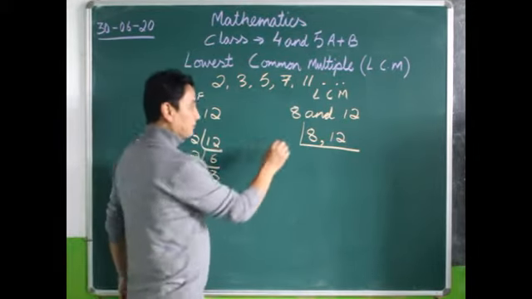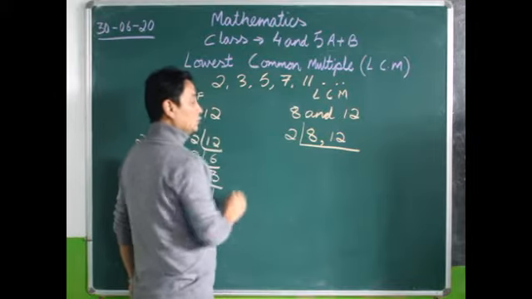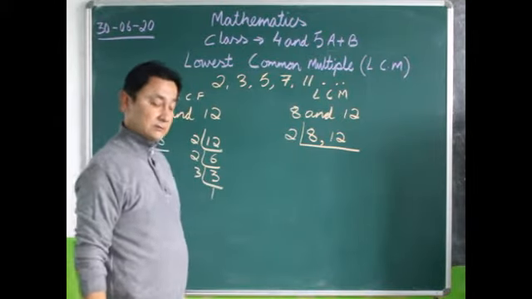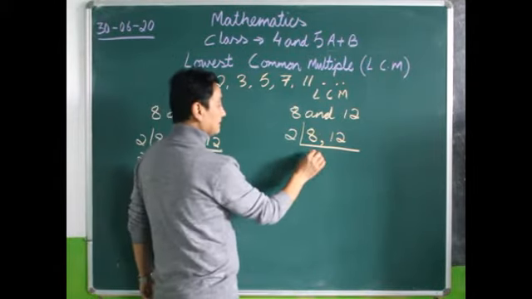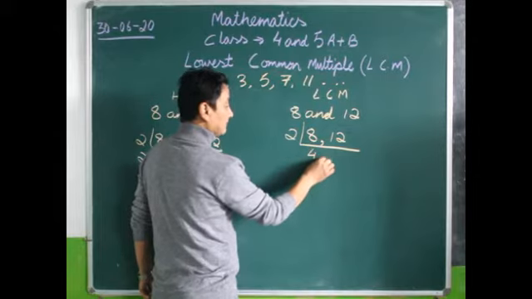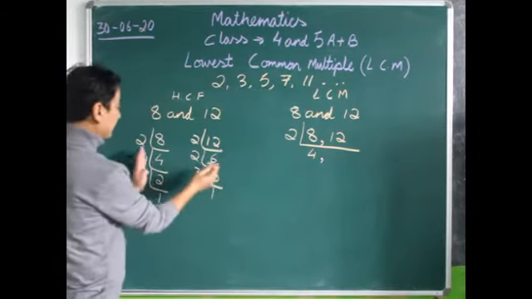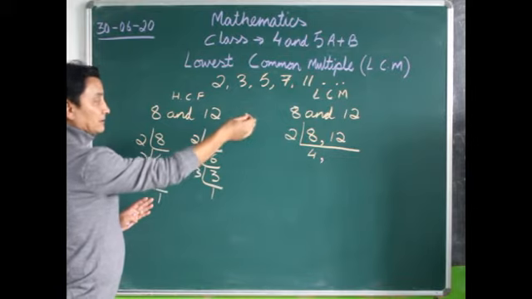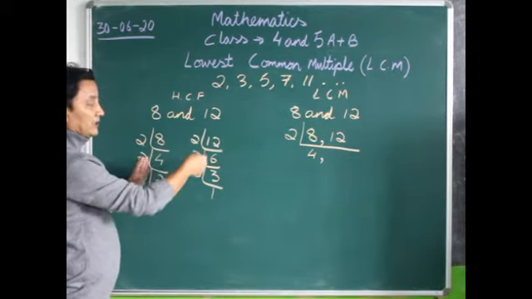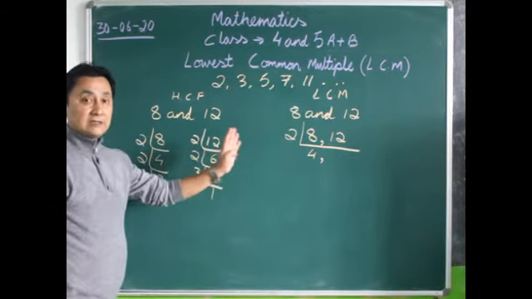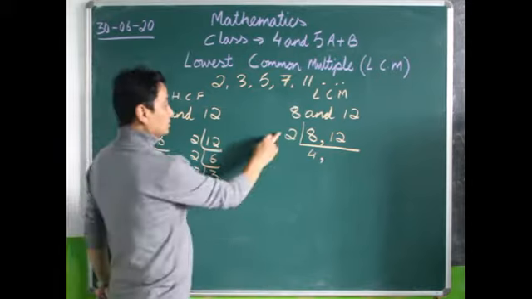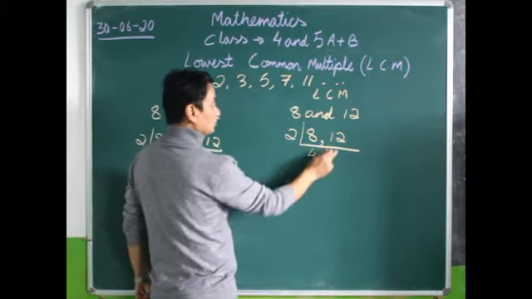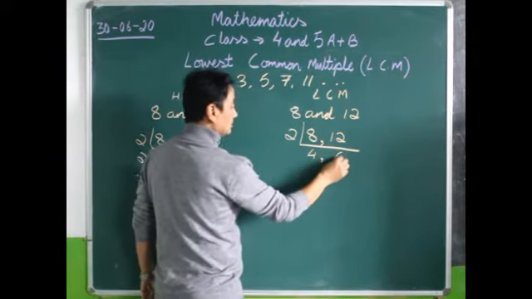Okay, so 2 will go into both the numbers. 2 goes into 8 how many times? 2 4s are 8. It's like bringing these together and doing the division over here, both at the same time. 2 goes into 12 how many times? 2 6s are 12.